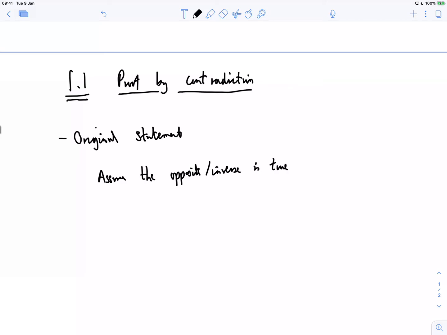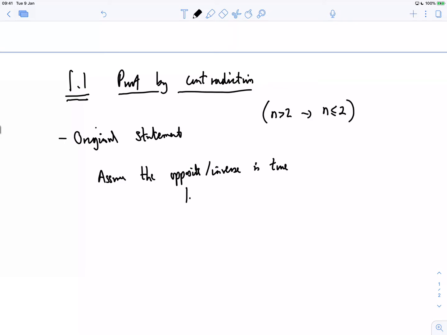So say for example you're trying to prove n is greater than 2, then the opposite of that would be n is less than or equal to 2. Your initial starting point is you take the opposite or the inverse position and assume that's true.